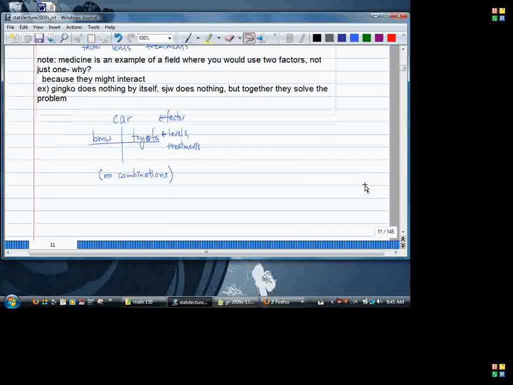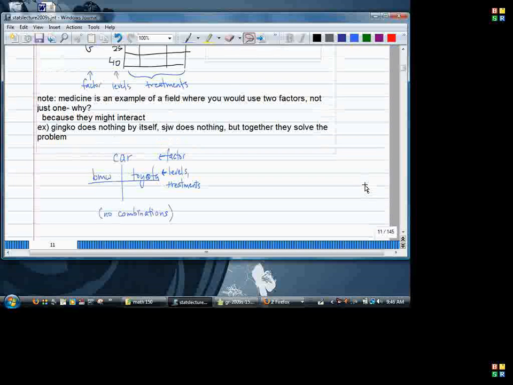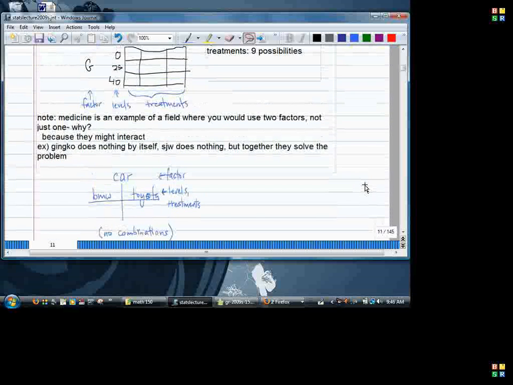So come up with a question that you would investigate, figure out how you're going to get your sample, and figure out all these different things. Figure out your treatments and all that.